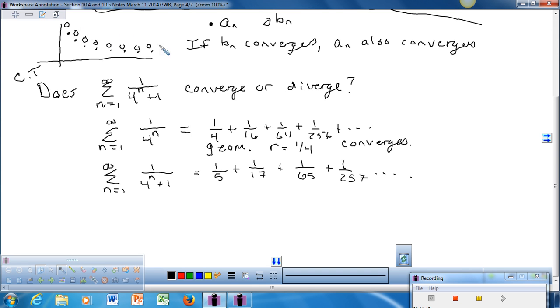The geometric is the open dot. The series we're trying to figure out is the closed dot. And our geometric converges, so what does that say about the series we're trying to figure out? It also converges. So this series converges by the comparison test. And that's the type of answer I want to see. I would like to see converges by what test?